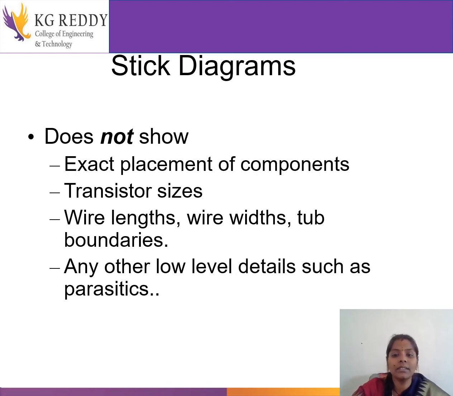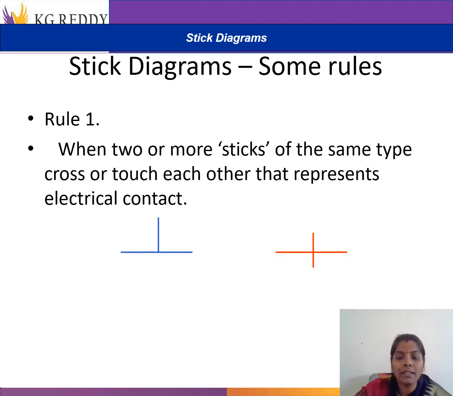Next, we use some rules for the stick diagram. Rule 1: when two or more sticks of the same type cross or touch each other, they represent an electrical contact.